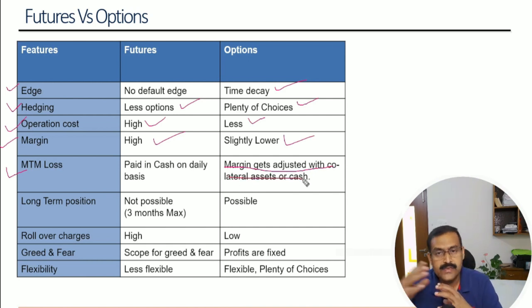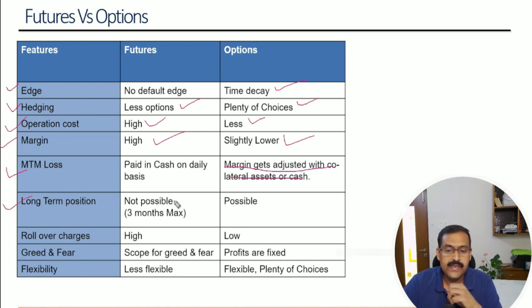When the MTM goes in the loss, you need more margin. That margin will get adjusted from the collateral that you have in your account. But in case of futures, if you incur an MTM loss of, let's say, 10k, 20k, it will be taken out from your account on a daily basis. When you incur a profit, 10k or 20k will be added to your account. So that is in fact a disadvantage.